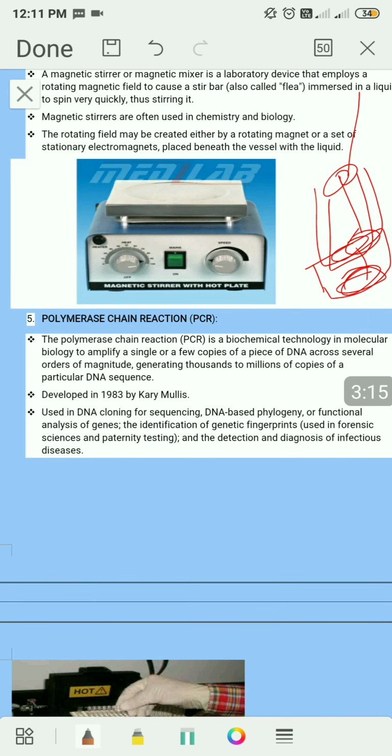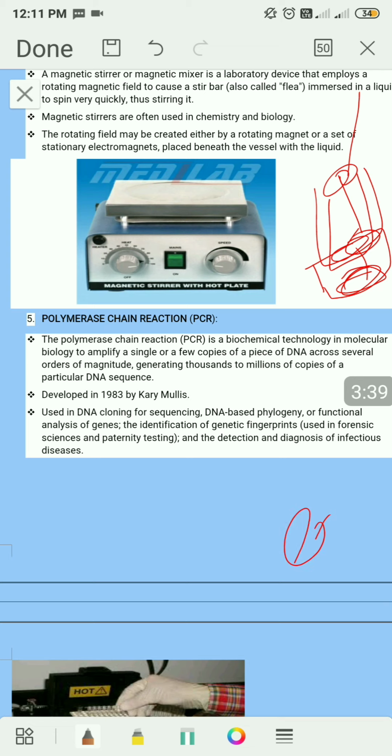PCR, it's one of the important equipments that a laboratory must have. PCR means polymerase chain reaction. It is a biochemical technology in molecular biology to amplify a single or a few copies of DNA across several orders of magnitude. That single copy is magnified thousands, lakhs, billions of times. There will be multiplication.